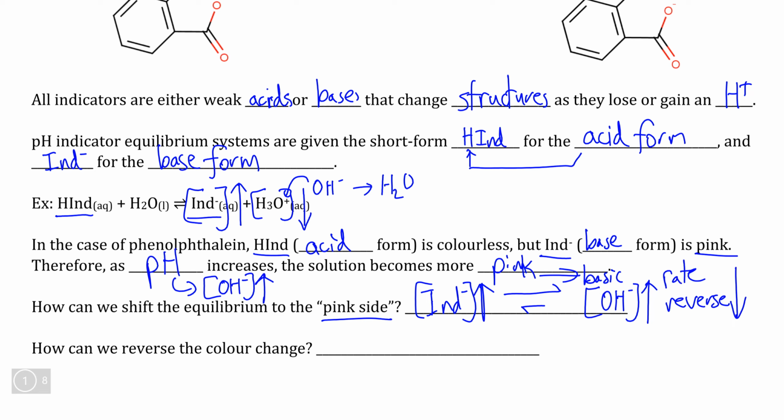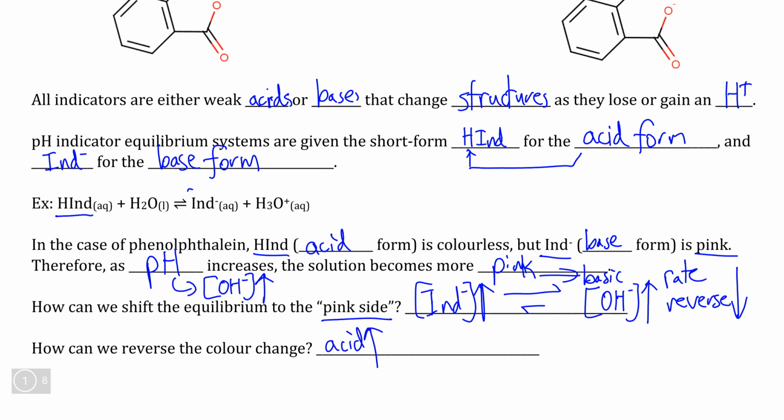Now, if we want to reverse the color change, let's wipe the slate clean here. If we want to reverse the color change, all that we need to do is increase the amount of acid in our solution. And whenever we add more acid, we are always increasing the concentration of H3O+.